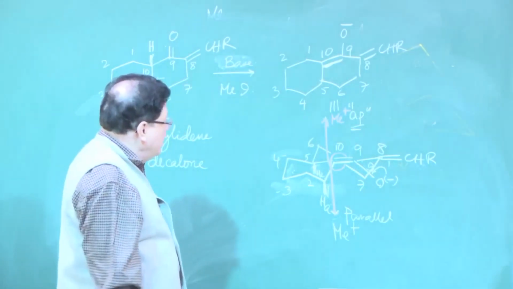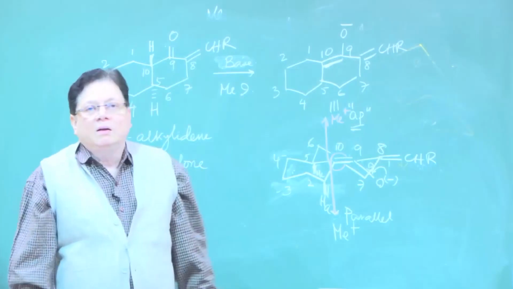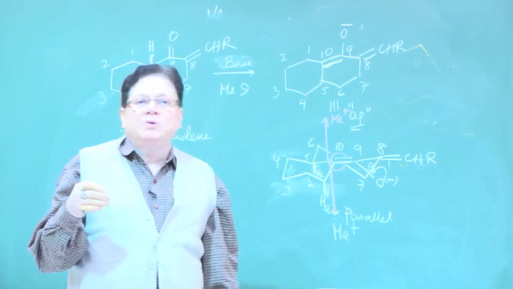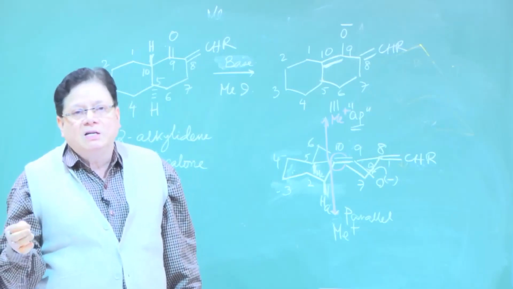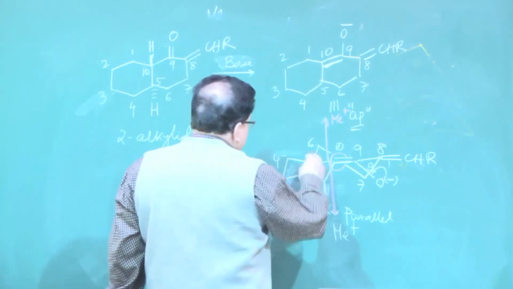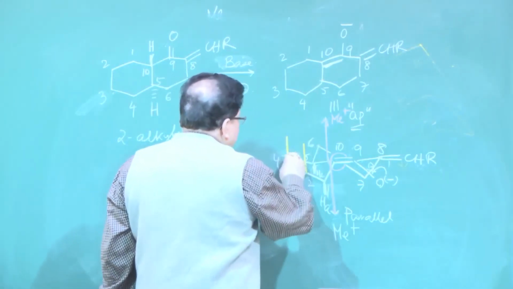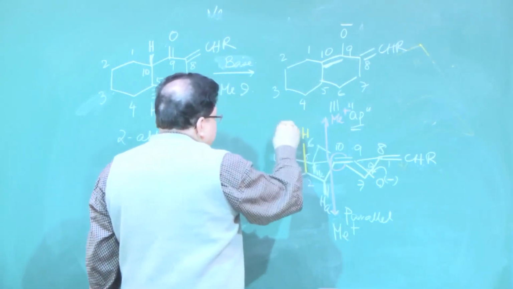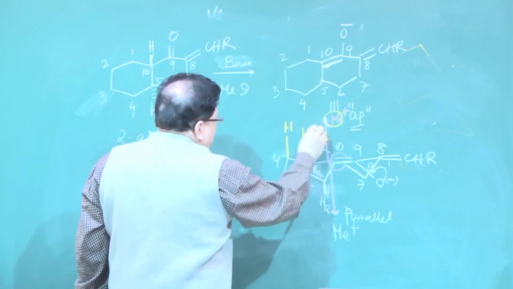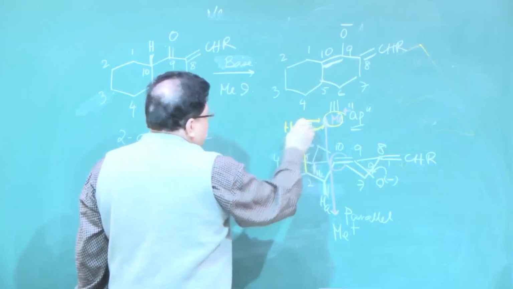Remember what I told: you have to always keep in mind that the anti-parallel attack may be subject to steric interactions, like 1,3 diaxial interactions. In this case, I could see hydrogens at these positions, which are having 1,3 diaxial interaction.